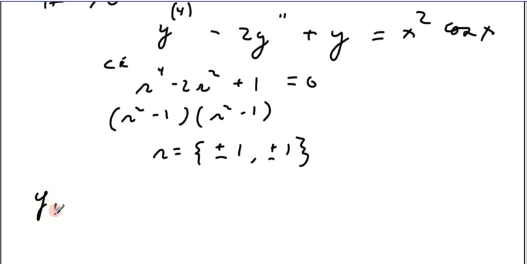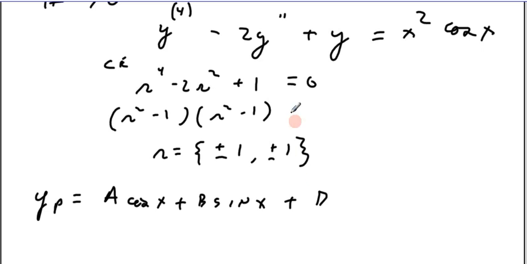Okay, so y sub p is going to be a cosine x plus b sine x plus, how did d get in there?